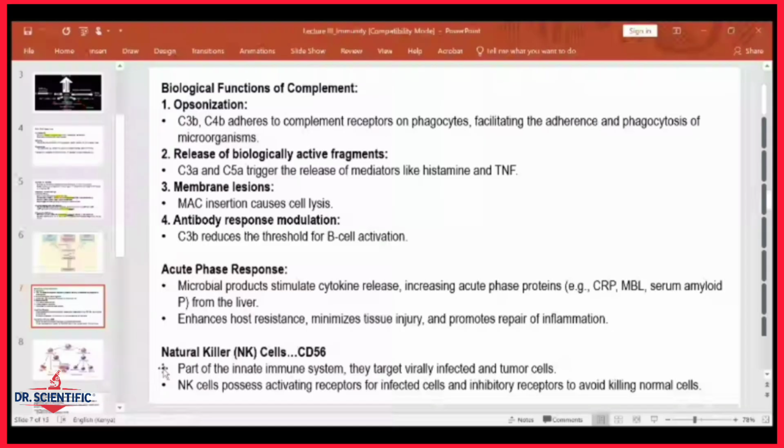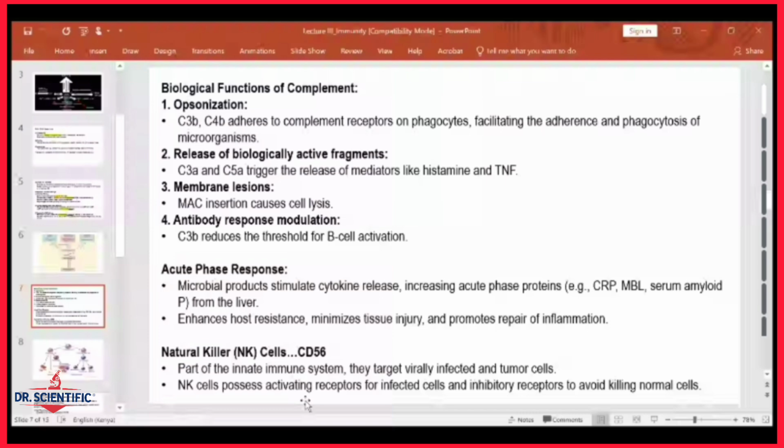So in total, the cells of the innate immune system, we can say, are neutrophils, macrophages, as well as the natural killer cells. And these mainly target tumor cells and cells that have been infected by a virus. And also, these are intracellular pathogens.